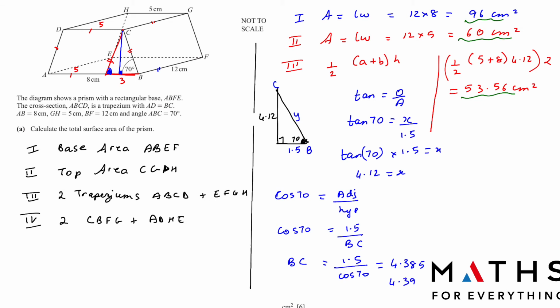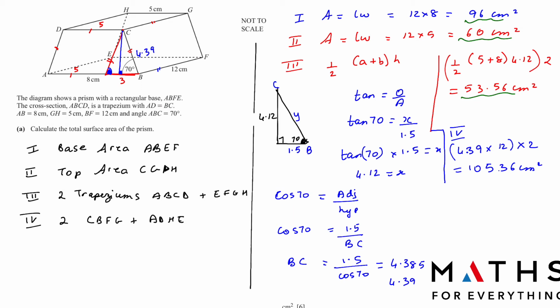Now the fourth one is length times width. We found that BC is 4.39 and the length is 12. So 4.39 multiplied by 12. But there are two faces, so we multiply it by 2. This will give us 105.36 square centimeter.